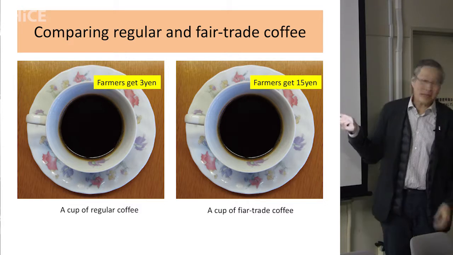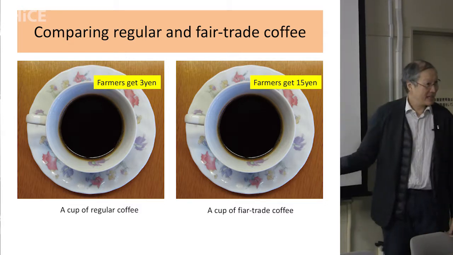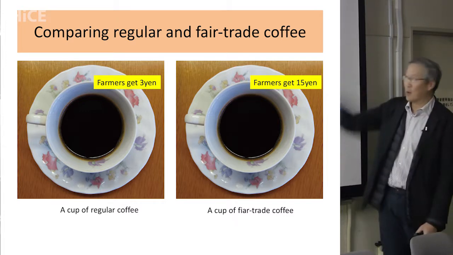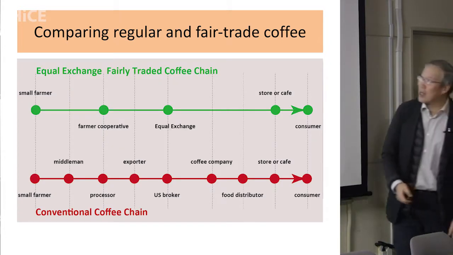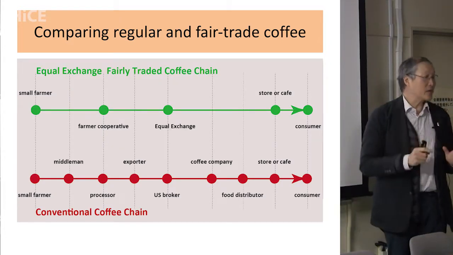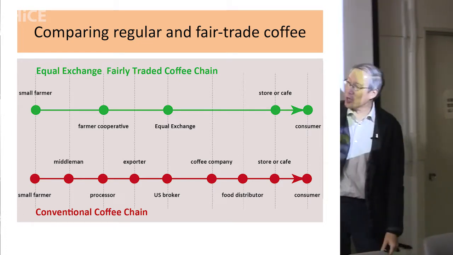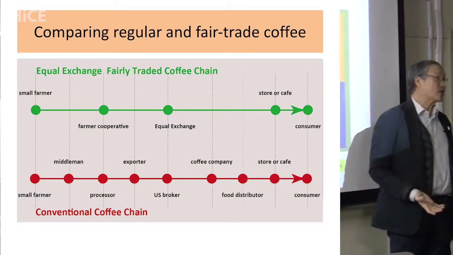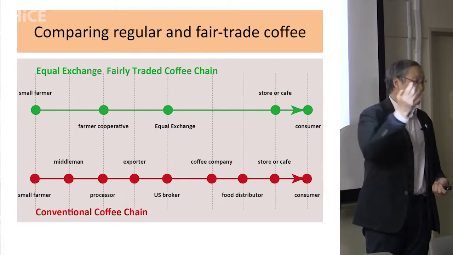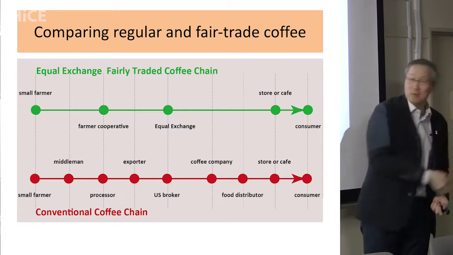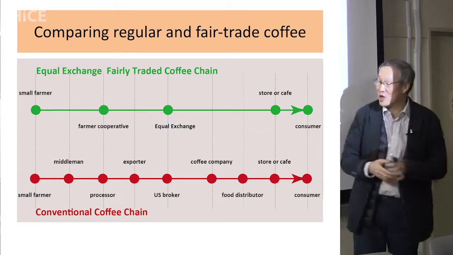But in a fair trade cup of coffee, it's higher. It's 15 yen. I will explain why. Why is this like this? And the explanation can be better understood if I show this to you, with what I call the coffee supply chain. So from the farm to the store, from the store to you, there is what we call a chain of events, the coffee chain.